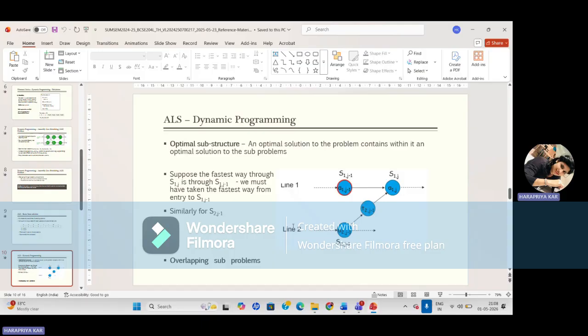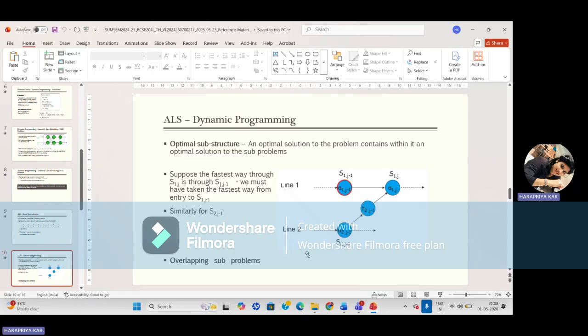Here you can easily see A1j minus 1 coming with S1j minus 1, S1j, A1j. Then again, if you go with line 2, A2j minus 1. That is what it is telling: the subproblems are overlapping. We'll move on to the next slide.